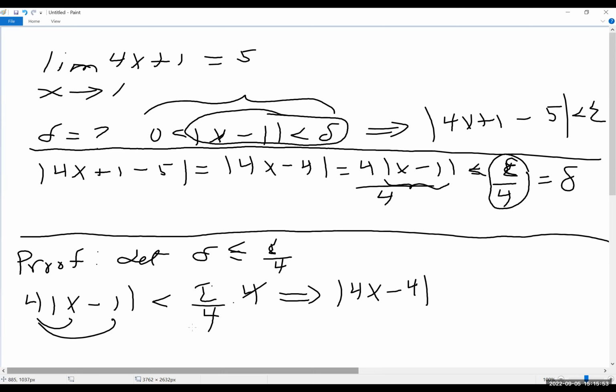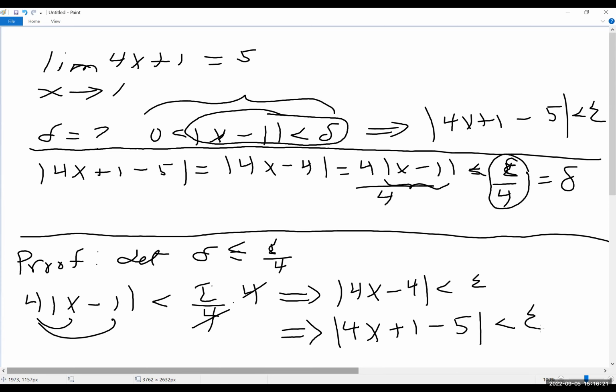Now these cancel, so I'm left with this is less than epsilon. And then finally over here, this is 4x plus 1 minus 5, which is what I was trying to show.